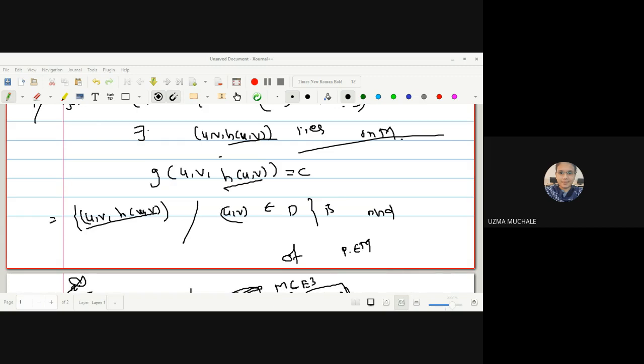Hence we can say that there exists a proper patch in M whose image contains a neighborhood of a point P in M, and hence the proof.